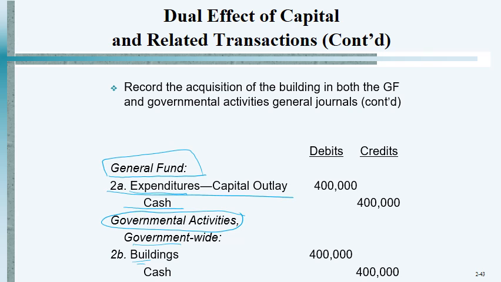consolidation. So what would we have to do? On the worksheet, we would want to turn this modified accrual entry at the fund level into a full accrual entry at the government-wide level. So we would have to do what? We would make an adjustment on the worksheet to debit building and credit expenditure, so that when we're reporting this in our consolidation at the government-wide level, this transaction would be shown under full accrual accounting.